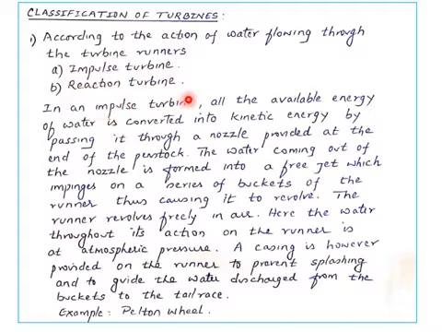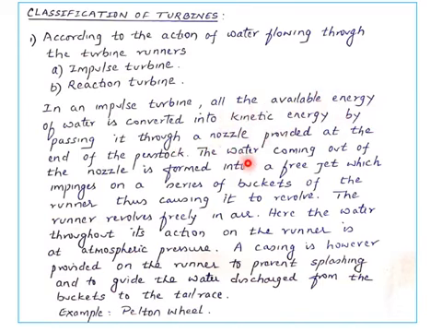In an impulse turbine, all the available energy of water is converted into kinetic energy after it passes through the nozzle, which is provided at the end of the penstock. Water comes from the storage reservoir through a penstock. At the end of the penstock there is a nozzle, so a jet of water is issued. It comes with a very high velocity, therefore the entire available energy is converted to kinetic energy.